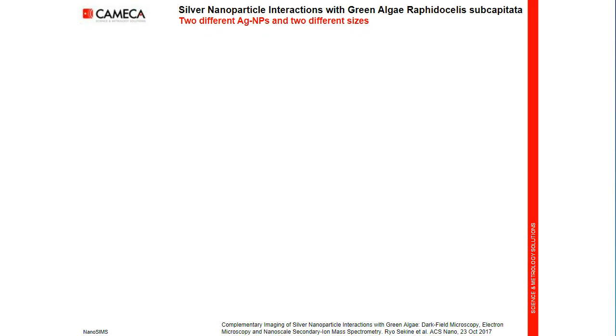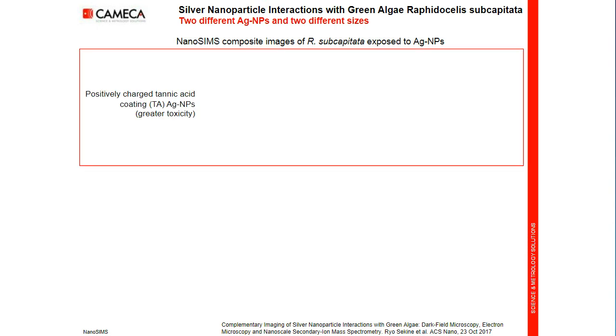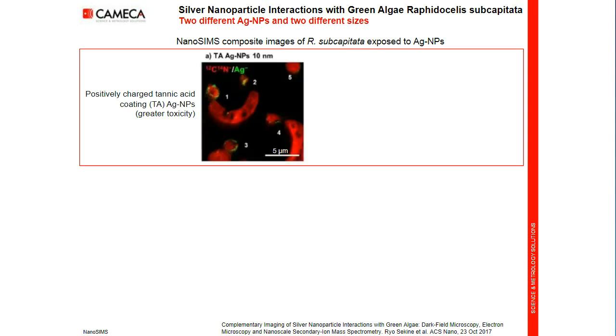So now let's see the NanoSIMS elemental images of algae exposed to the smallest nanoparticles first. These are positively charged, tannic acid coated. And here we see the CN in red and silver superimposed in green.